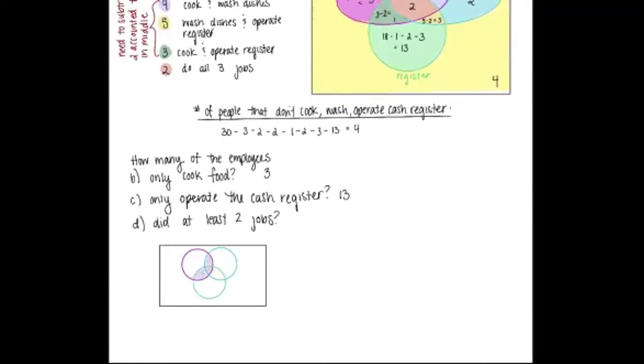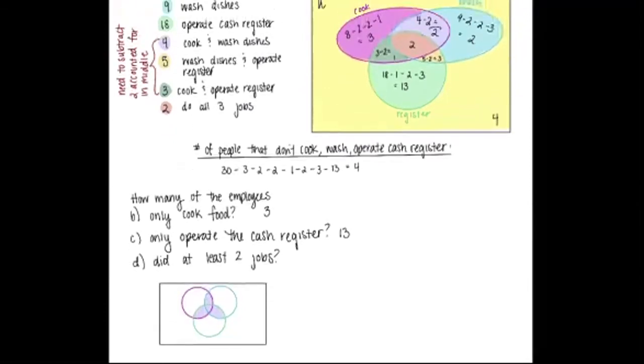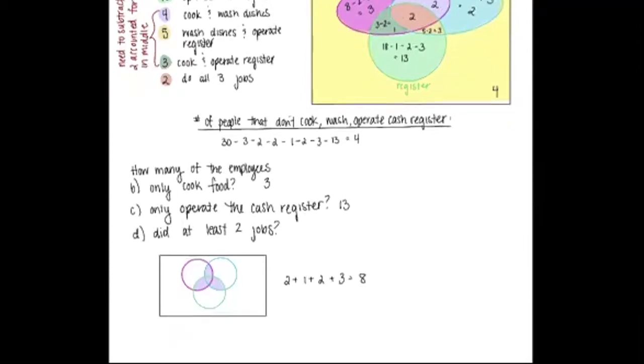So if they did 3 jobs, they definitely did at least 2 of them. So I want the overlap. So that would be 2, 2, 1, and 3. So we go ahead and add those together. So 2, 1, 2, and 3. There are 8 people that did at least 2 jobs.